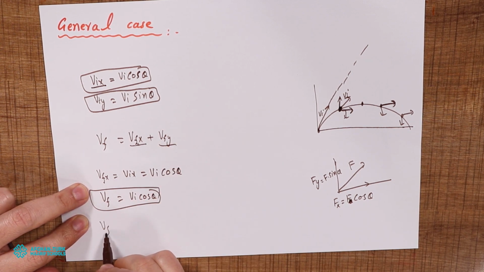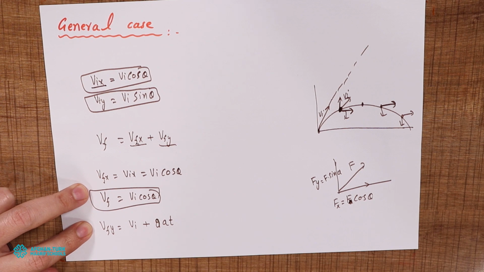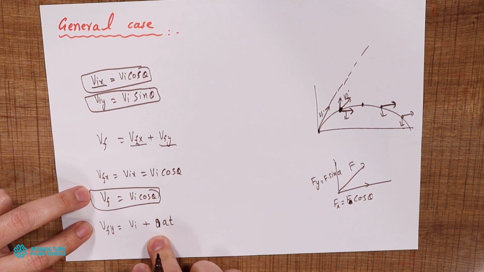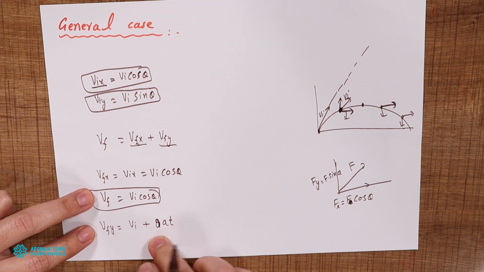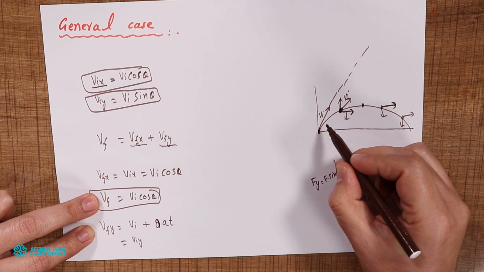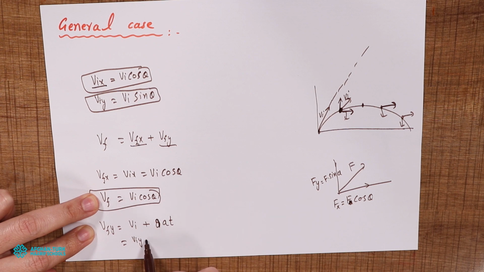Now for the vertical component of velocity, I can use the first equation of motion, which is vf equals vi plus at. If I use this first equation of motion in this case, vfy is equal to viy plus a t, and we know that this motion is because of gravity, so this a will convert to minus g, with time t.